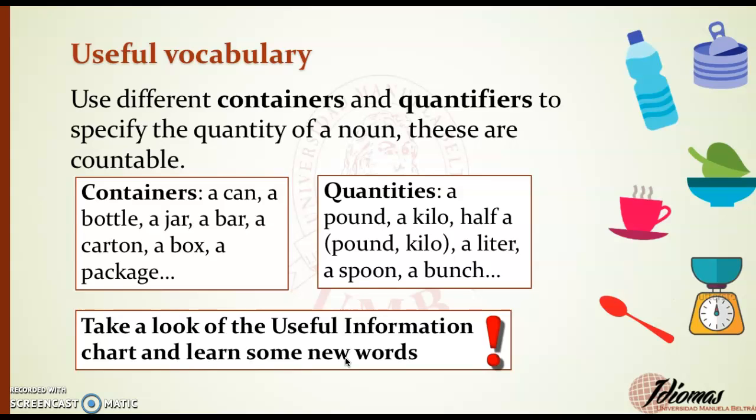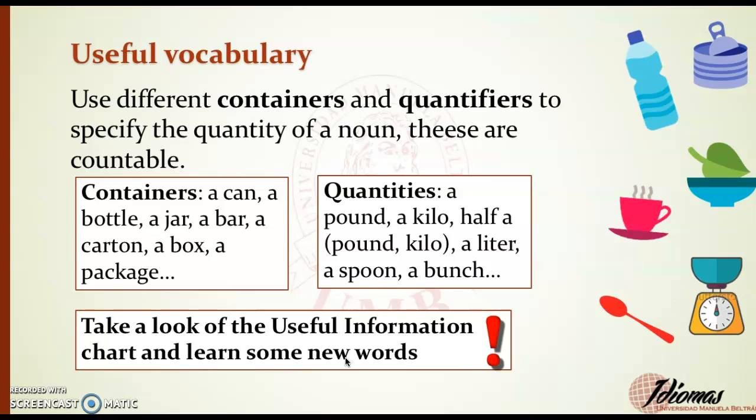Ejemplos: a can, a bottle, a jar, a bar, a cartoon, a box, a package. Todos estos son envases que pueden contener elementos incontables. Sin embargo, estos sí pueden ser contables.